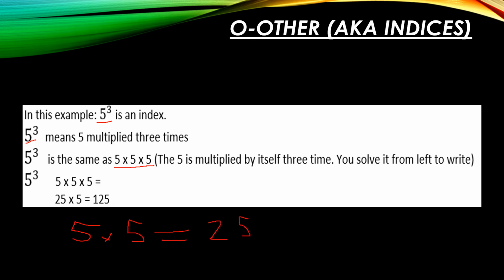However, it's not asking for 5 to the power of 2. It's asking for 5 to the power of 3. So that means we need to times this number by 5 again. So 25 times 5 equals 125, which is also up here. And that is your answer.